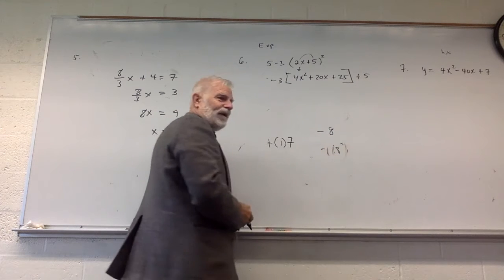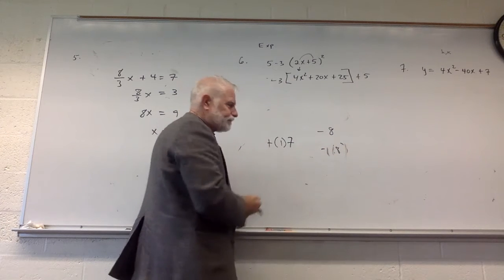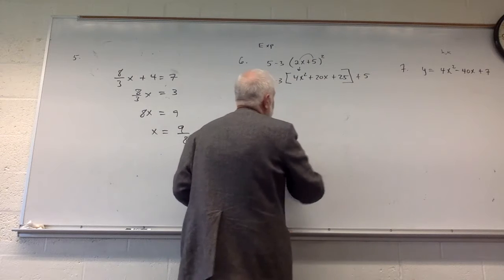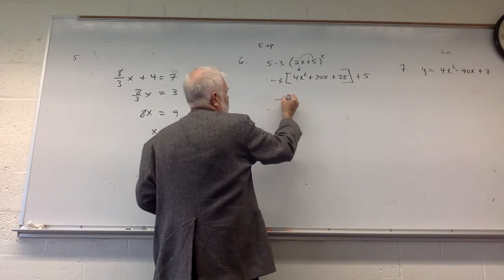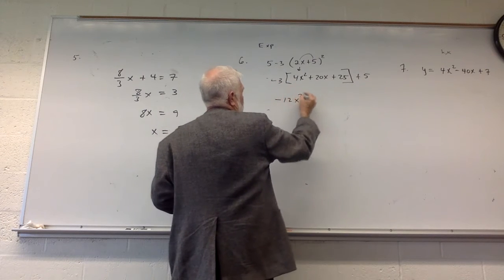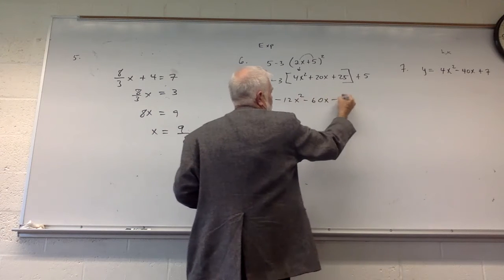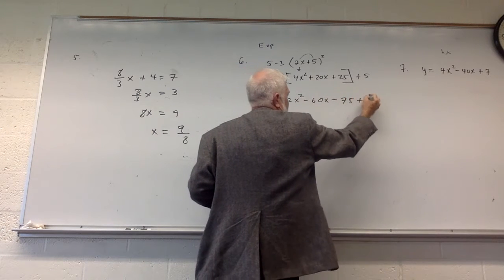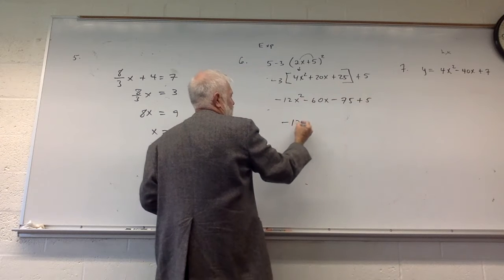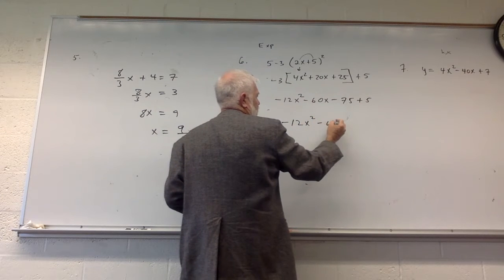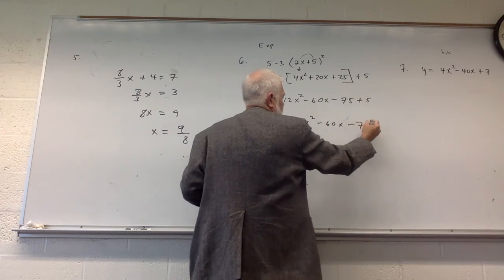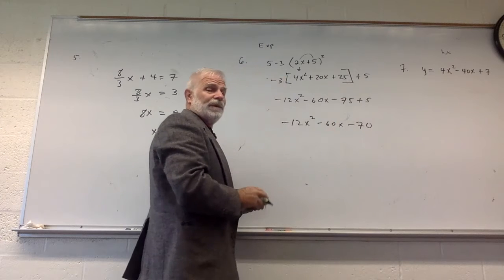We just simplify it with the two strokes of the pen. All right. So we got minus 12x squared. We got minus 60x. We got minus 75 plus 5. Okay, you got minus 12x squared, minus 60x, minus 70. You got to be careful with your arithmetic.